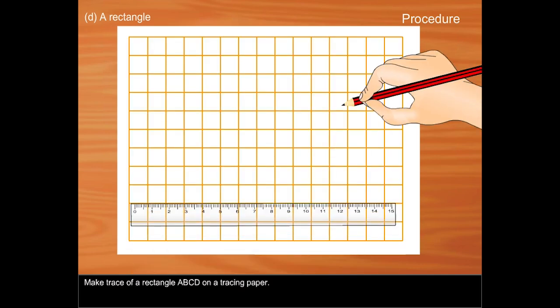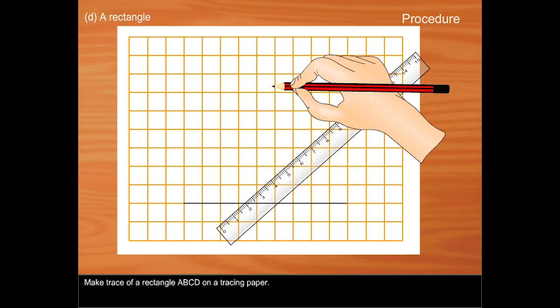A rectangle. Make a trace of a rectangle ABCD on a tracing paper.